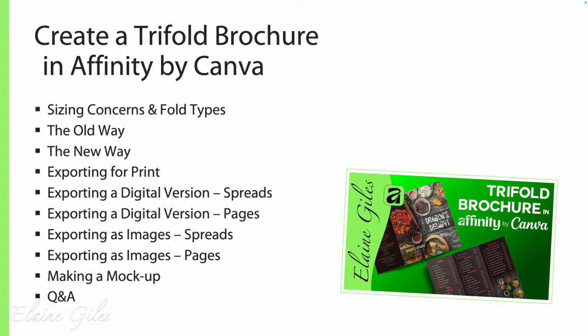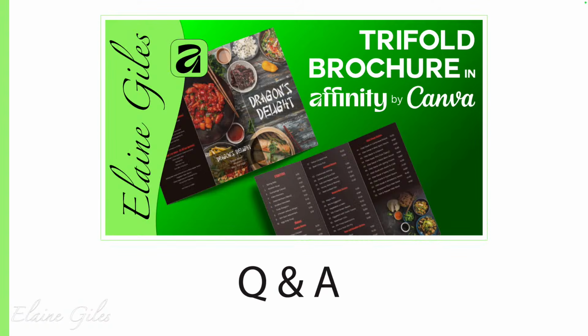I'm going to concentrate on the new way. It's more flexible, a little bit more complicated maybe, but it's more flexible. We'll be looking at how you can then export what you create for print, digital versions in terms of spreads and pages, and image versions, which are important if you're going to create a mock-up, which we are. So again, both spreads and pages, and then there'll be the Q&A.